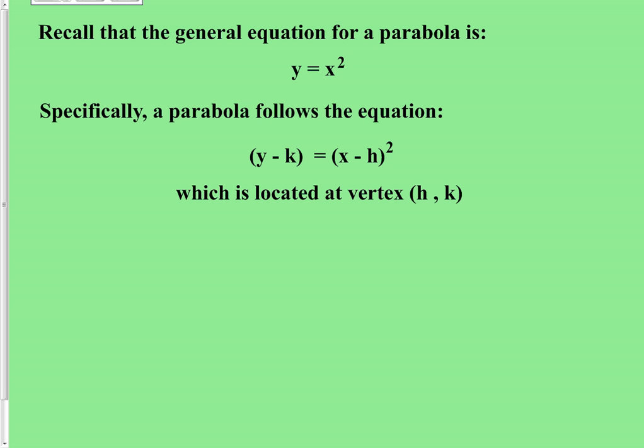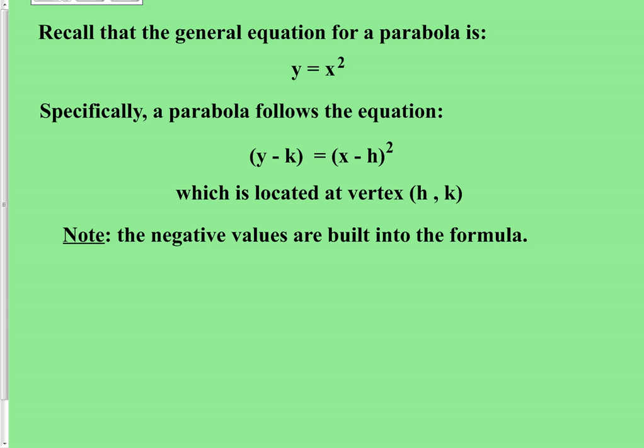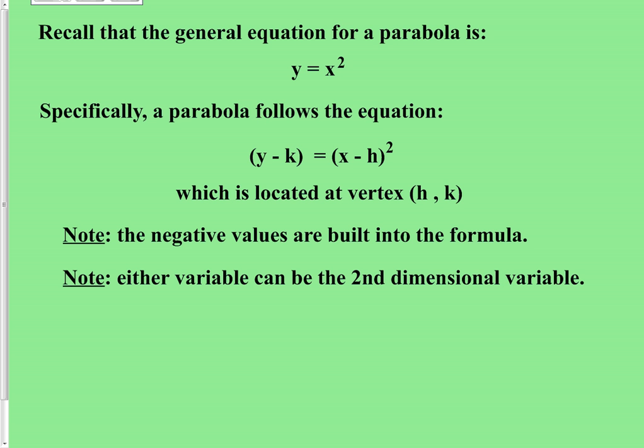Anyway, moving on. The negative signs are built into the formula as always. This also keeps a uniform discussion of how we've been doing the k and the h values all the way through the conic sections, x minus h and y minus k. So that's the same as the other two we've discussed thus far.